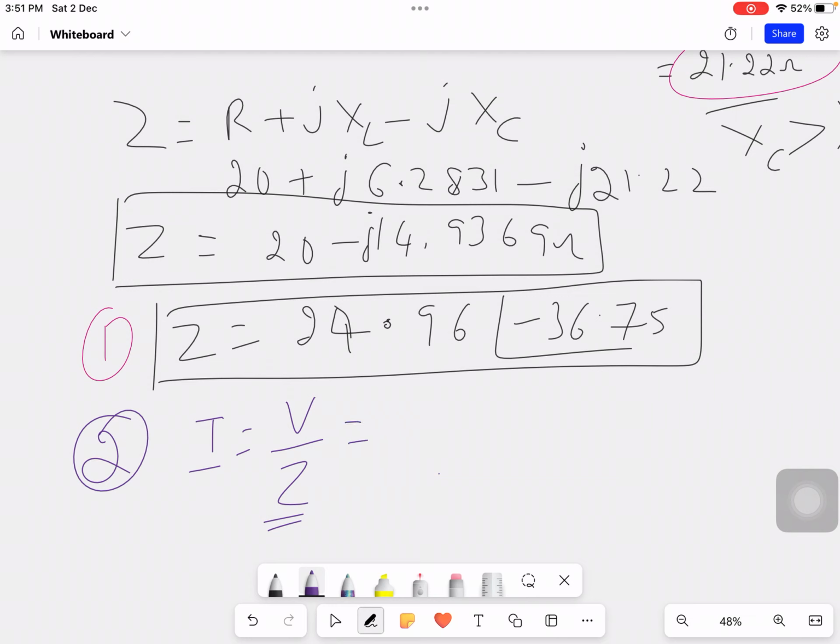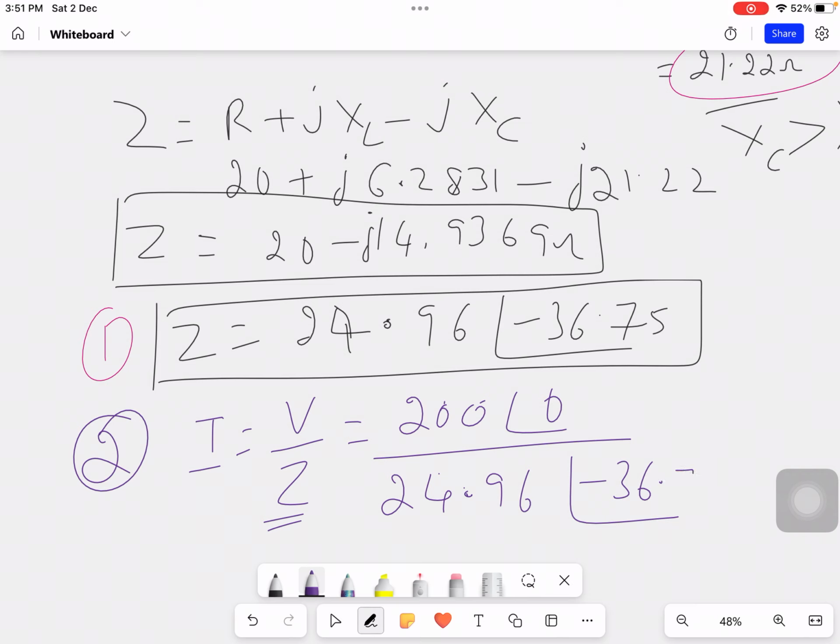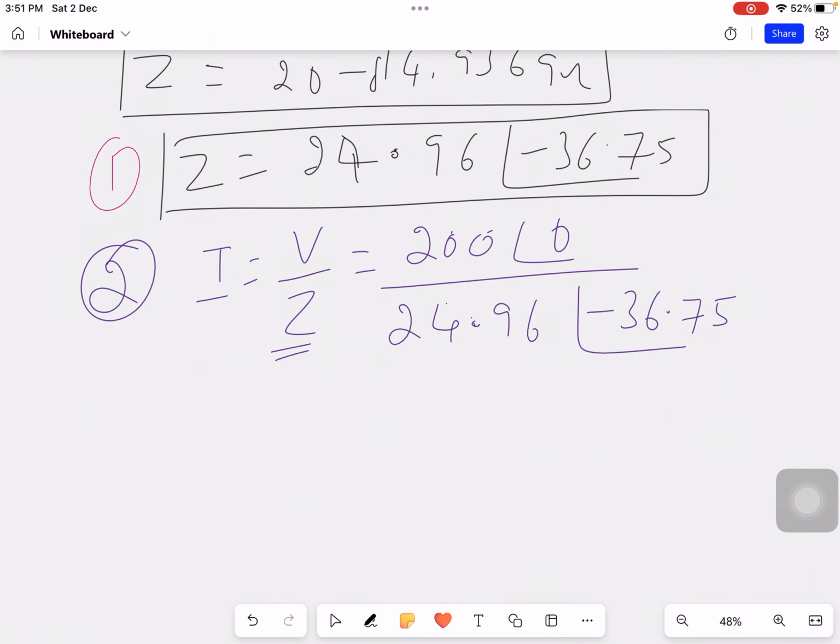When we are doing the division, both the V and Z values should be in polar form. As we discussed already, 200 plus J0 can be written as 200 at an angle 0. And the impedance value is 24.96 at an angle of minus 36.75. So you divide this and get the answer.